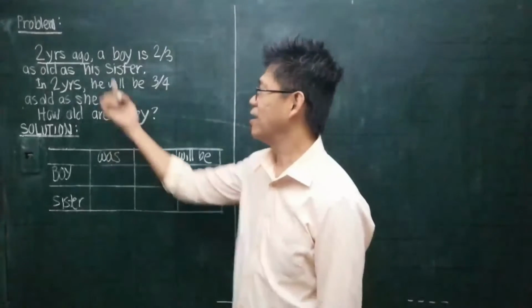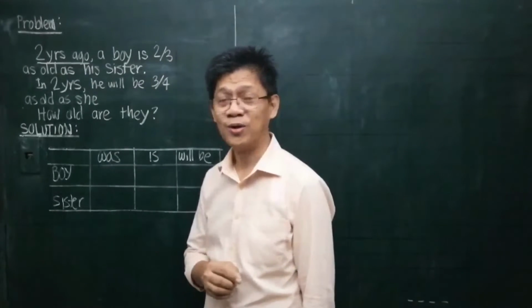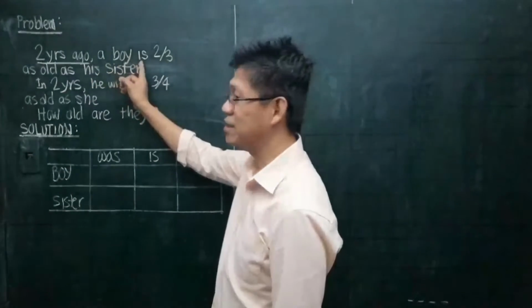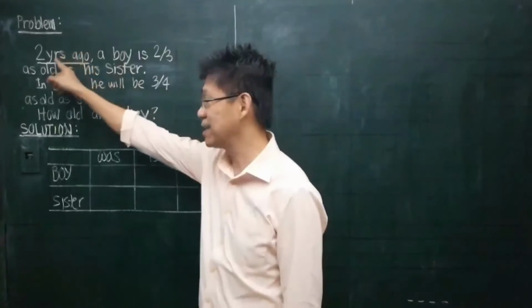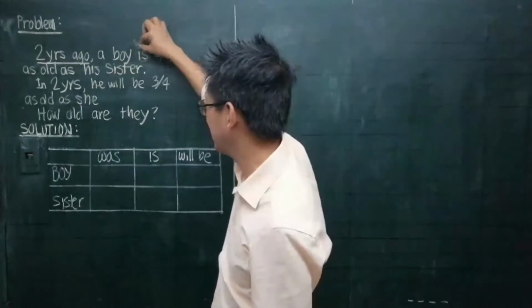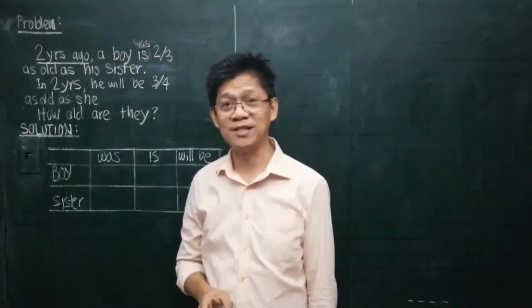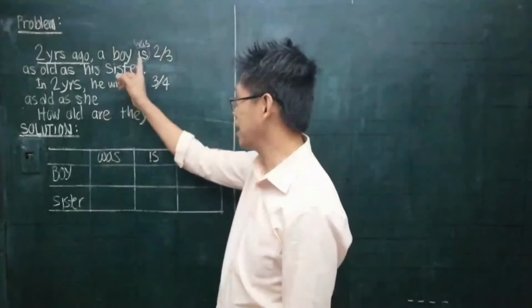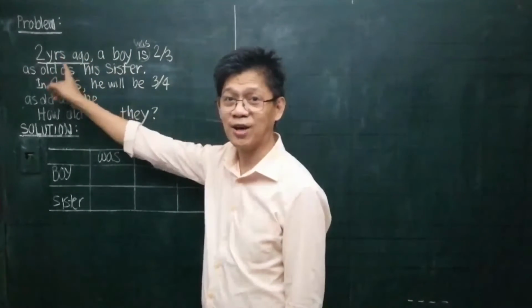So this is a condition, 2 years ago. So meaning, whatever follows happens 2 years ago. So, "a boy is", this is not the is of present. This is 2 years ago. So, this is actually a was. Ito yung tinatawag nating past perfect tense. So, although this is, it is referring to 2 years ago.